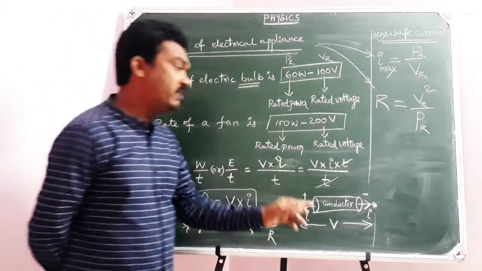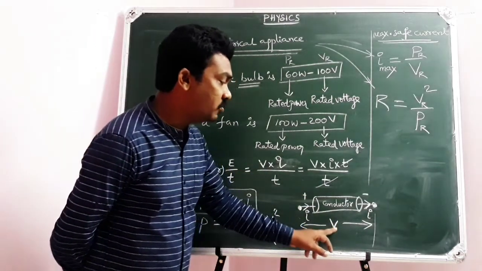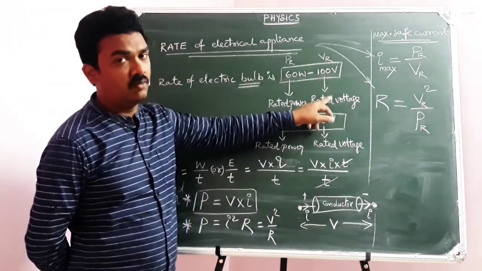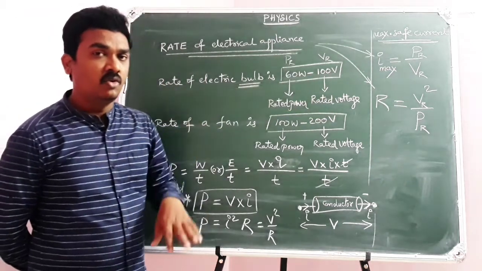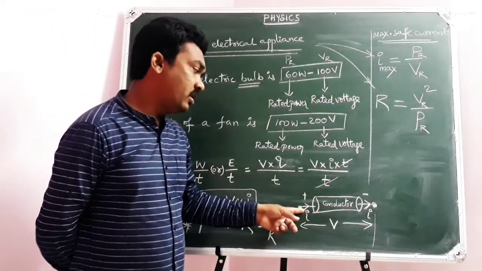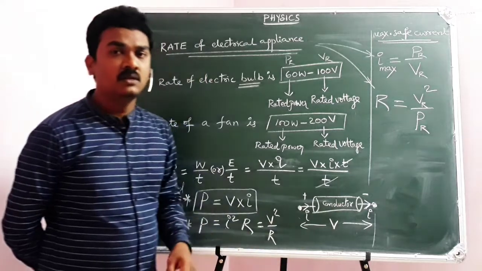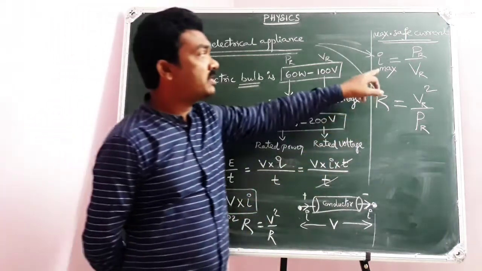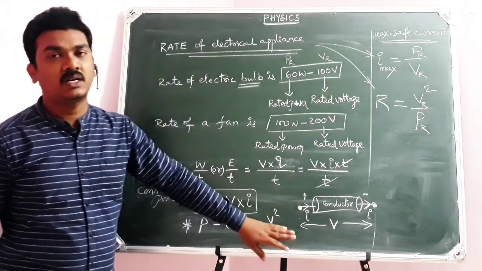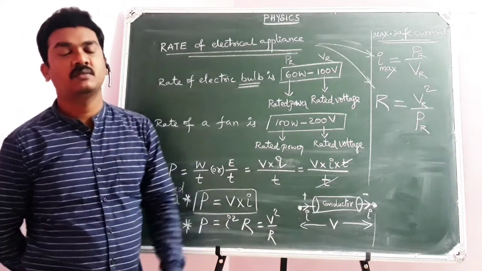If the potential difference across the appliance is more than this rated voltage, then more current will be drawn through this electrical appliance, which is more than the maximum safe current, then our electrical appliance will get damaged.